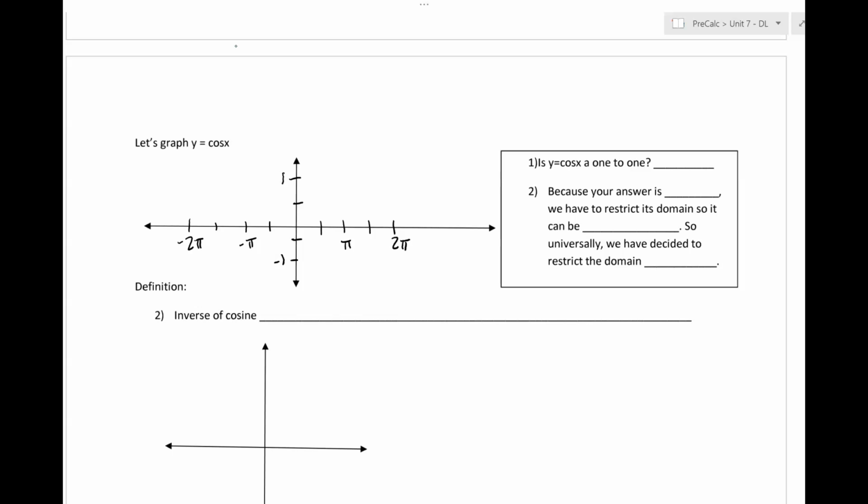You guys need to have been memorizing or memorized past tense, so refresh your memory here. At 0, cosine is 1. At pi over 2, it is 0. At pi, it is -1. 3 pi over 2, it is 0. And 2 pi, it is 1. And then I'm going to just keep repeating these points as I go back and forth.